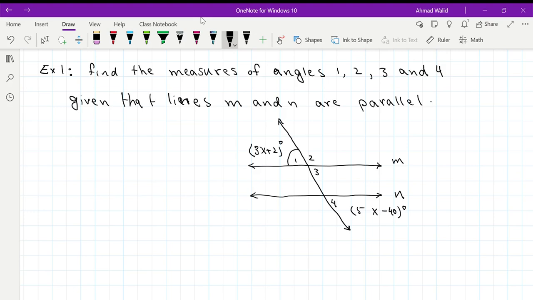Okay, now you know a lot of relations. We just noted. But be careful when you are using relations between these angles, which one works for you? That's important. You see angle 1 and 3, they are right angles, they are equal to each other.